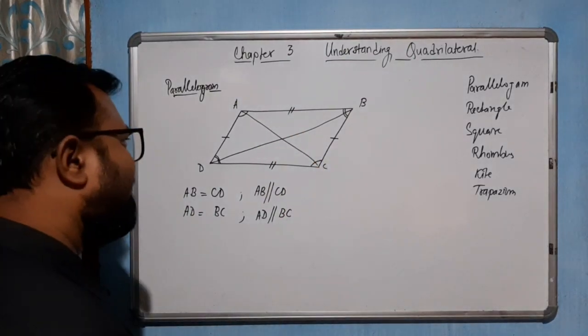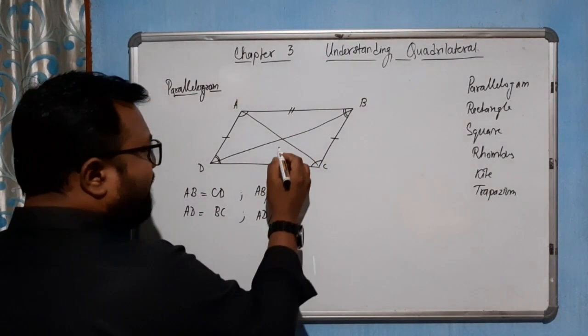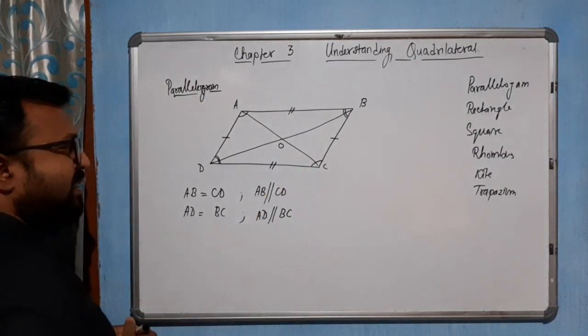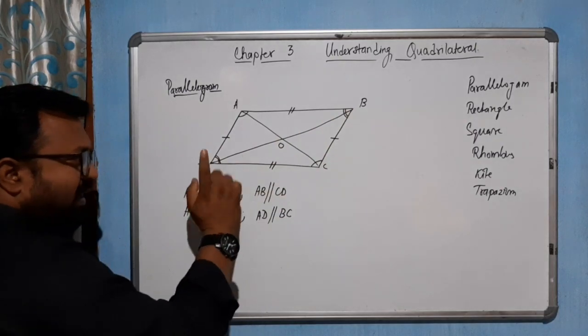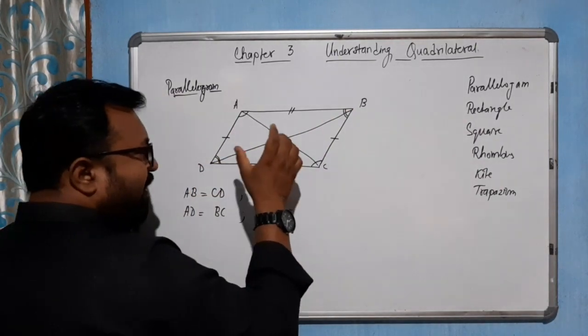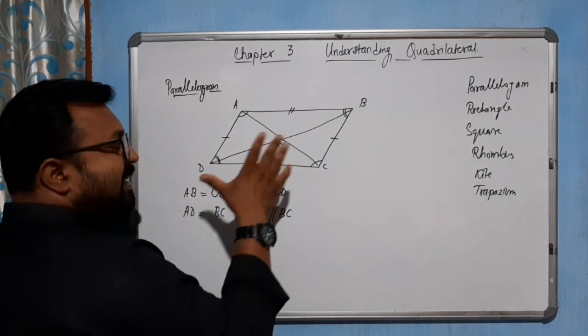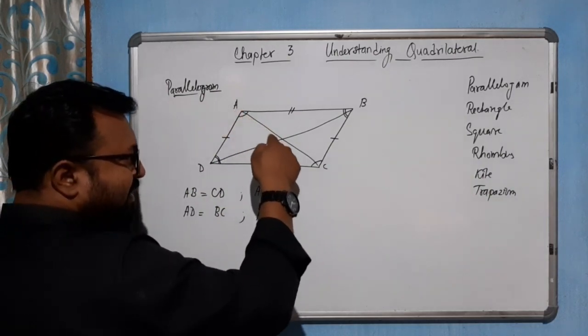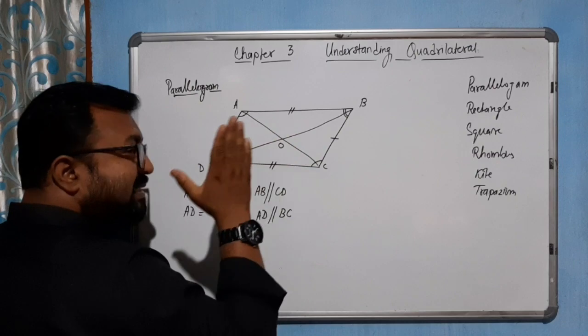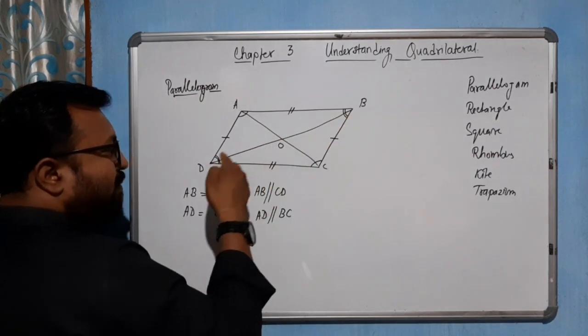Okay. Now, if we talk about diagonals, if I join these two opposite vertices, you will see that the two diagonals AC and BD intersect at point O. They bisect each other. It means the diagonal AC is bisected by diagonal BD.